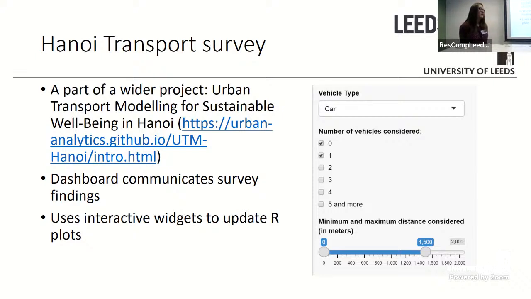So I took the data of this household survey and I randomized each column so that the individual rows cannot be identified, and the data is publicly available on GitHub to play with. And the widgets include select input, checkboxes, and slider inputs, which then update the plots.